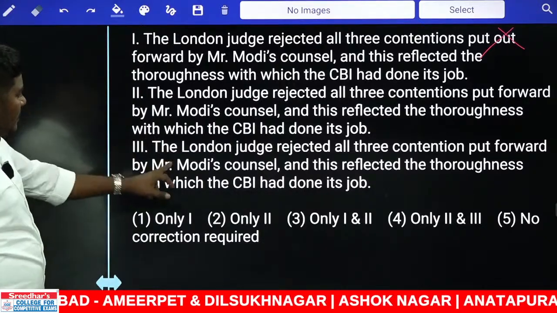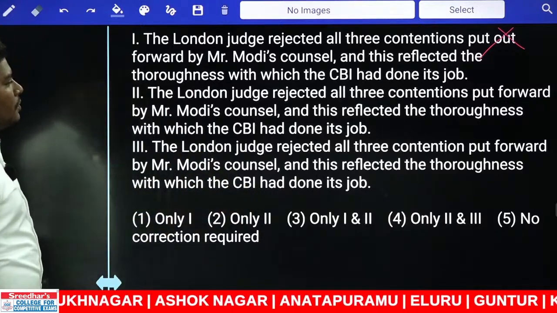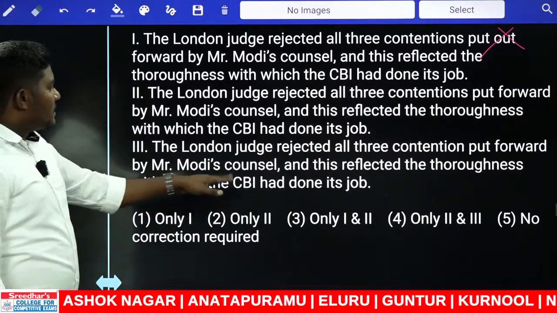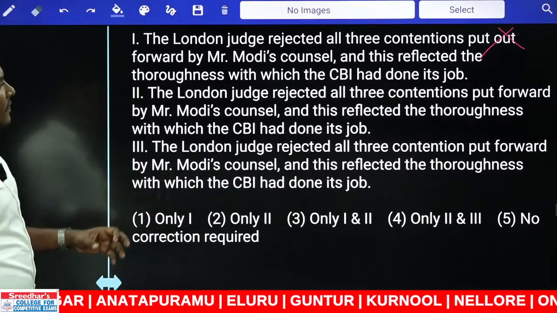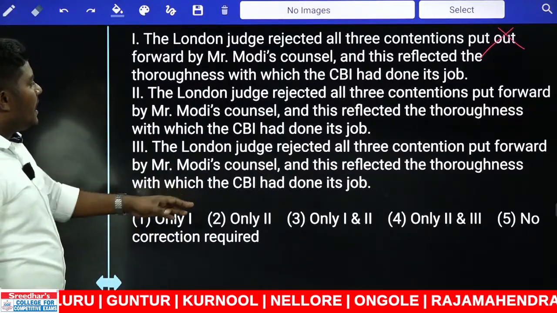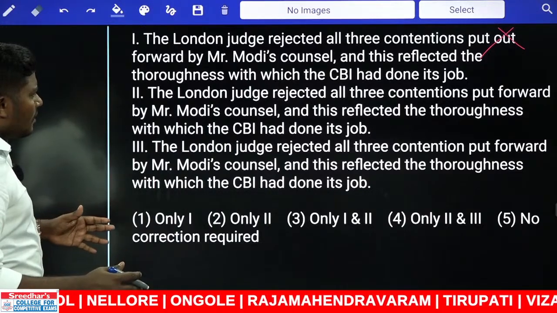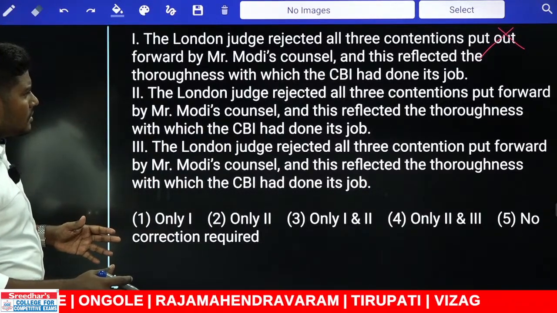Okay, let us find out the difference with the third one. The London judge rejected all three contentions put forward by Mr. Modi's counsel, and this reflected the thoroughness with which the CBI had done its job. Both of them look good, look the same. Is there any difference?